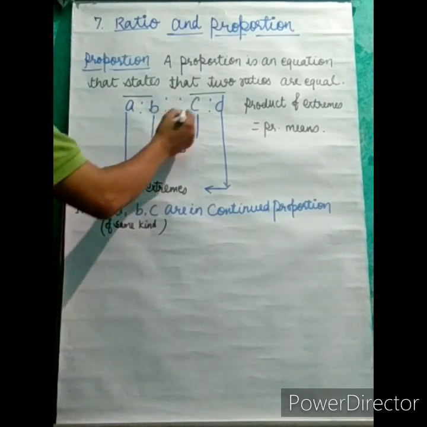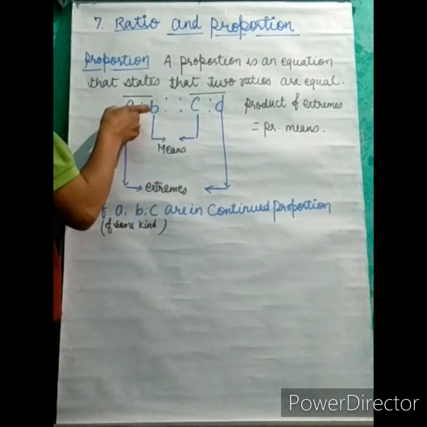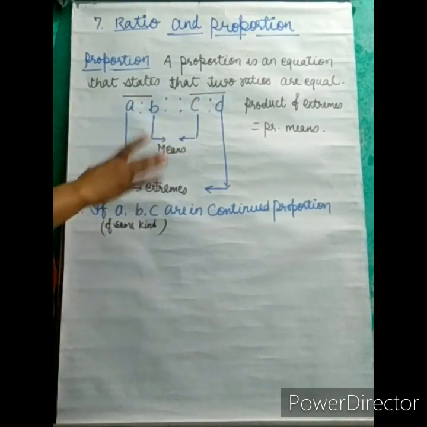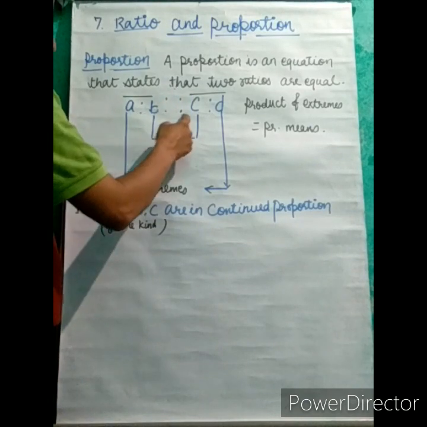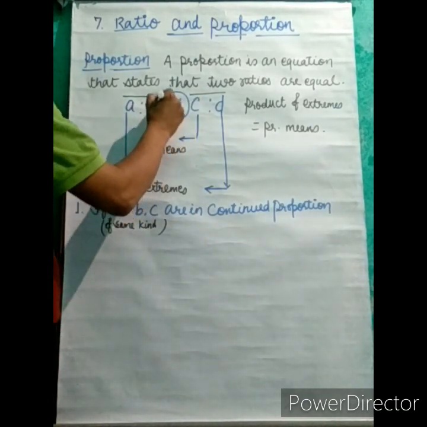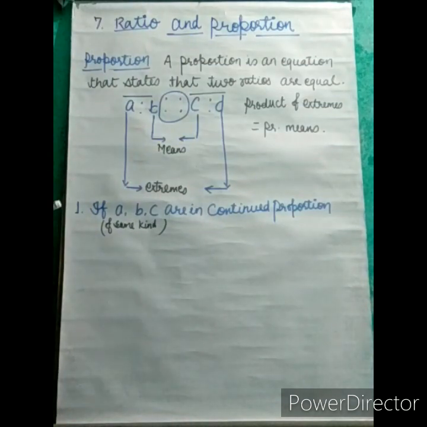These four dots state that A ratio B and C ratio D are in proportion. So these four dots are the sign of proportion.